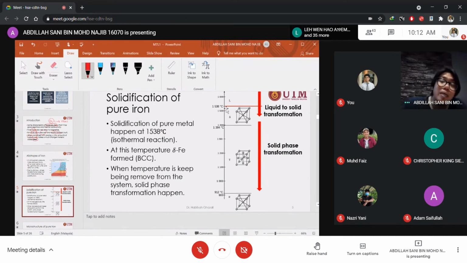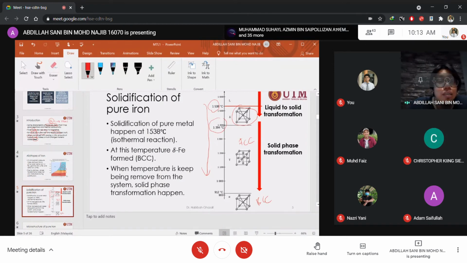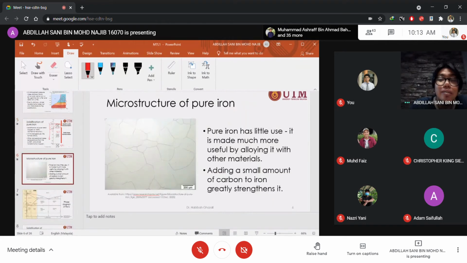So it becomes BCC, and then when it cools further, it becomes FCC, and again BCC of alpha. So this is how it looks for pure iron.